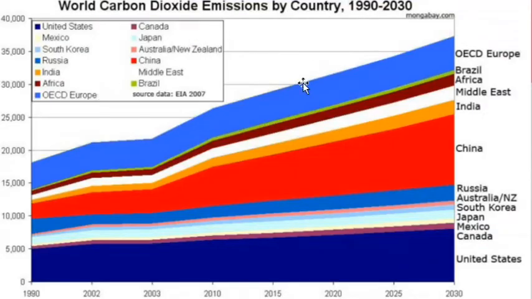Ito yung world carbon dioxide emission by country. As you can see, habang tumatagal, tumataas ang consumption natin, production natin ng carbon dioxide, and the leading place is in Europe, in European areas, followed by Brazil, Africa, China, and other industrial countries.